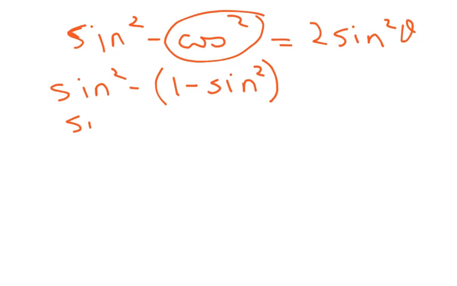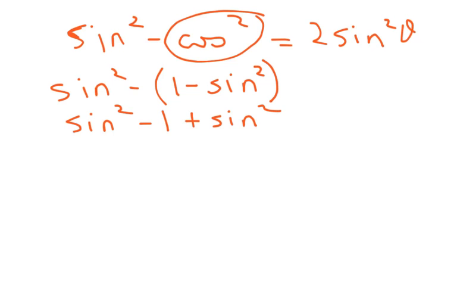So we get sine squared minus 1 plus sine squared. And that leaves us with 2 sine squared minus 1. So obviously I did something wrong. Okay, so we get sine squared.